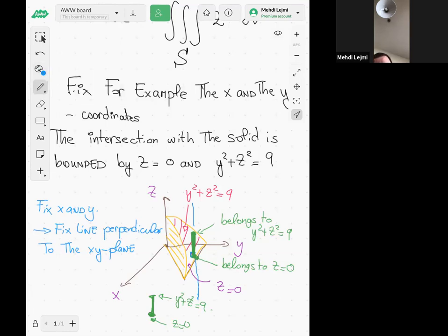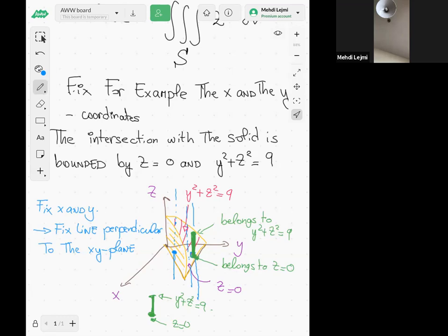If you take this vertical line or this one here, of course, I know it's not very clear here, but if you take any generic random vertical line and take its intersection with this solid, then the bottom of the intersection would belong to z equals 0, and the top of the intersection would belong to the cylinder y squared plus z squared equals 9.